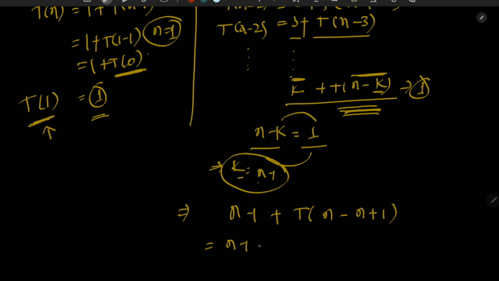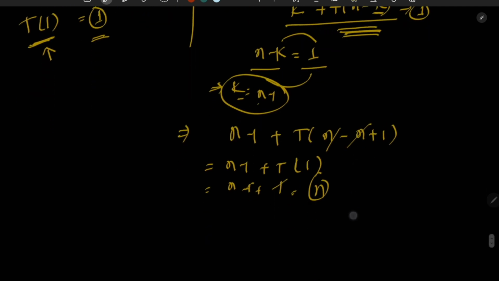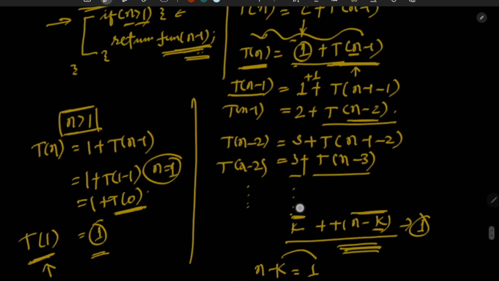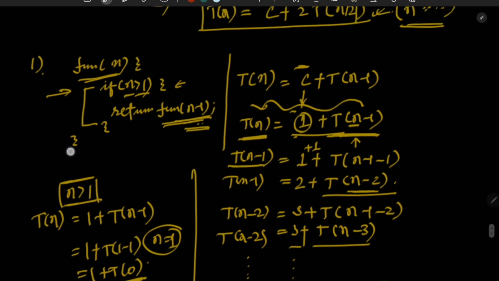This is n minus 1, this is T of 1, and T of 1 is constant anyway, so n minus 1, and this is 1. So eventually we have n, and the way we could represent this is big O of n.